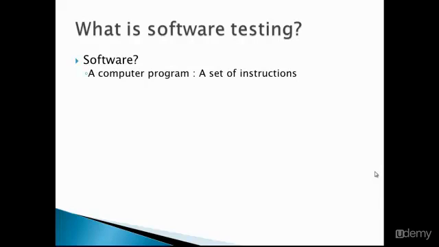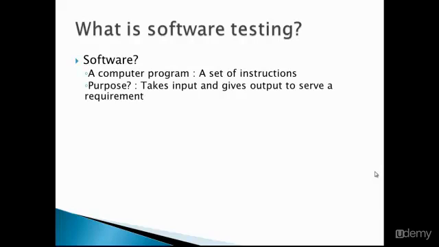So that's a computer program and a set of instructions which, when executed on a computer machine, gives you the intended output. In case of a hello world, it will print on console or throw up a message box saying hello world. Now, more important to understand is the purpose.